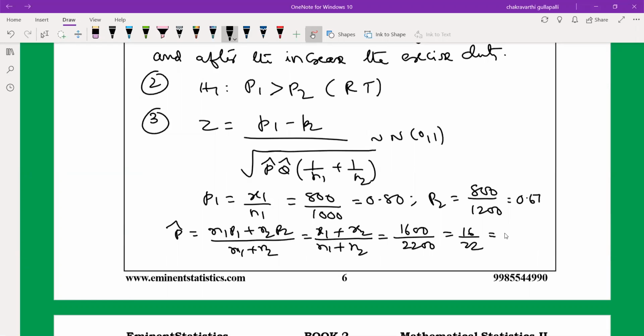P cap value is 16 by 22. Q cap value is equal to 6 by 22.